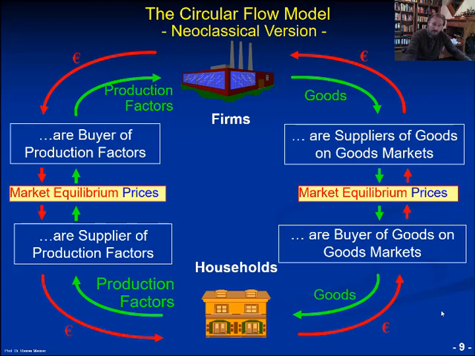However, it does not actually fit with the actual behavior on real world markets. There, we very often observe that prices are not flexible, that they are relatively constant over a certain span of time. And instead, firms do not adjust prices, but they adjust their production quantities. So if demand grows, firms happily produce more because that helps them to make more profits.